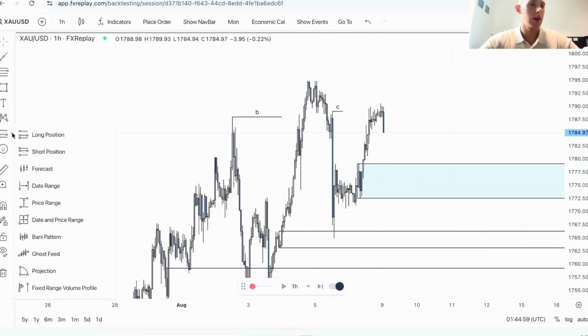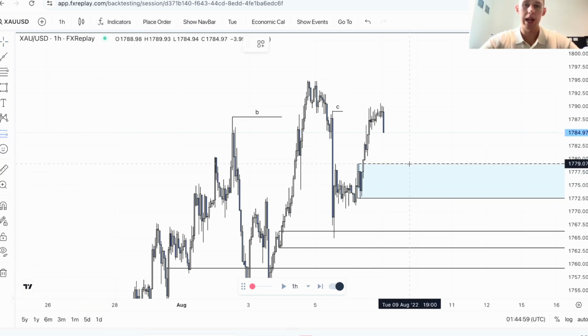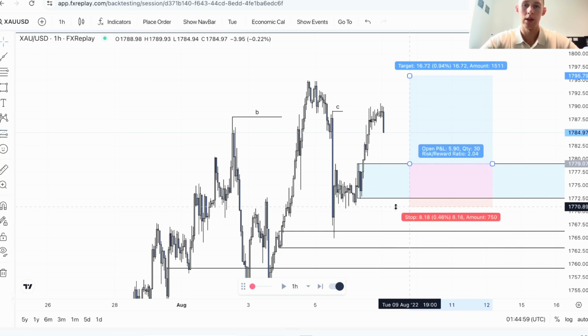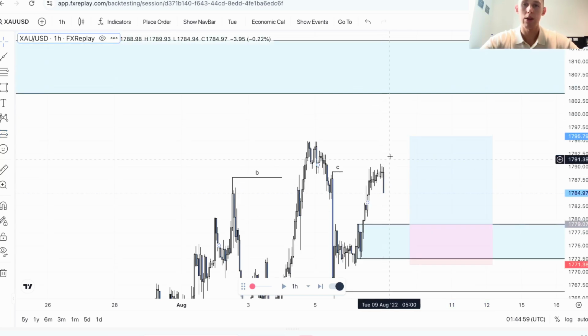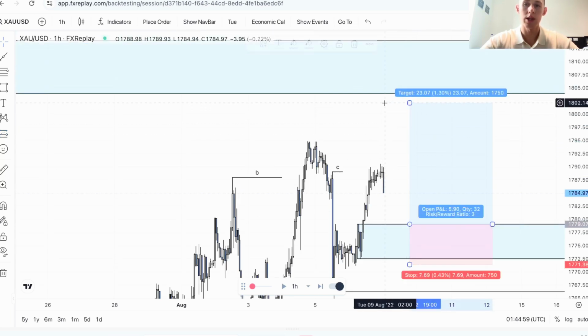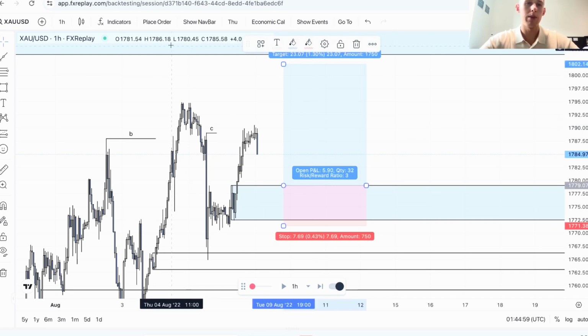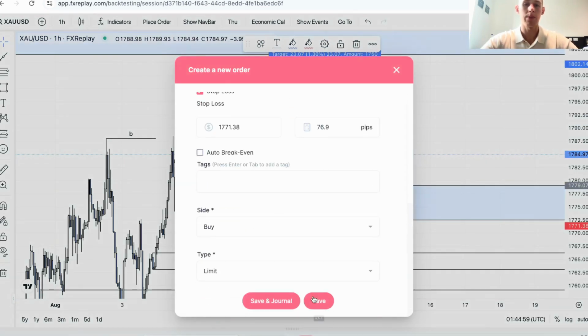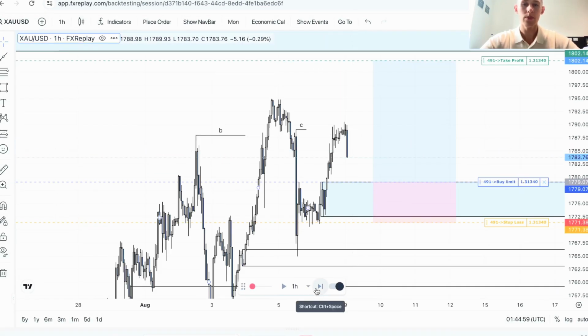So in this situation, I would just set a limit here, have stops just below, and like I said, mechanical 1 to 3. A bit of a big stop loss on this, but it is more of a swing trade.